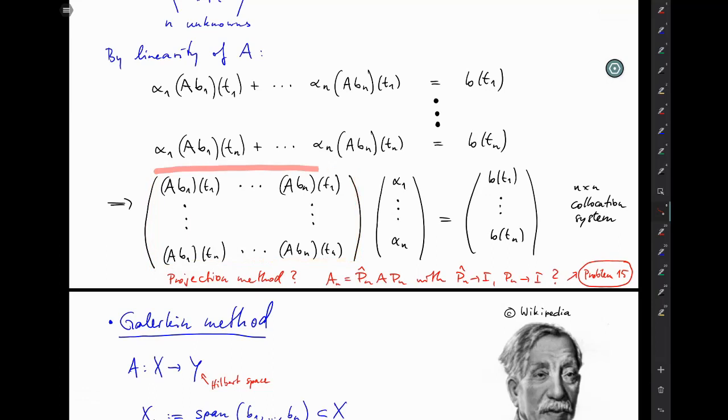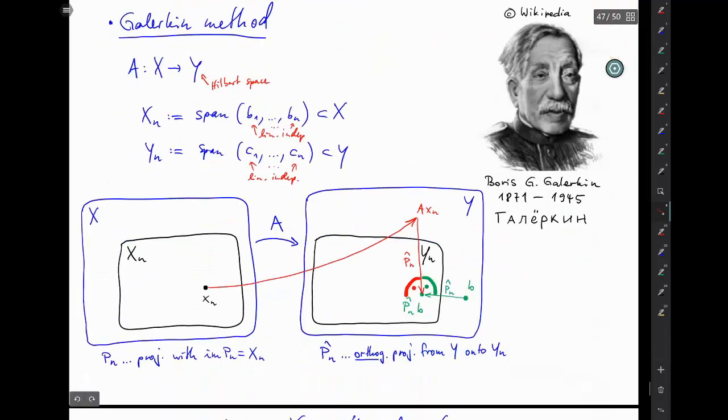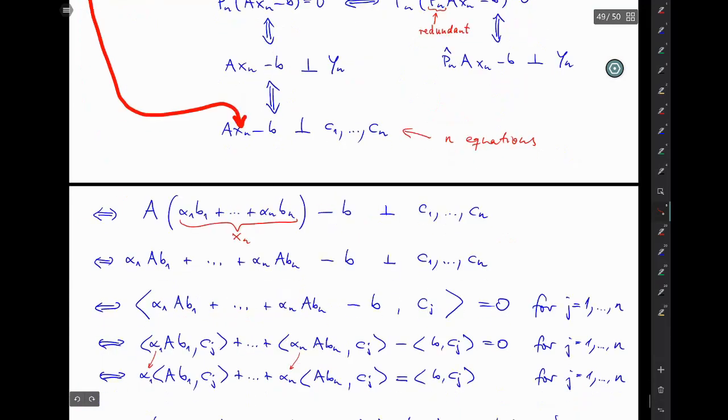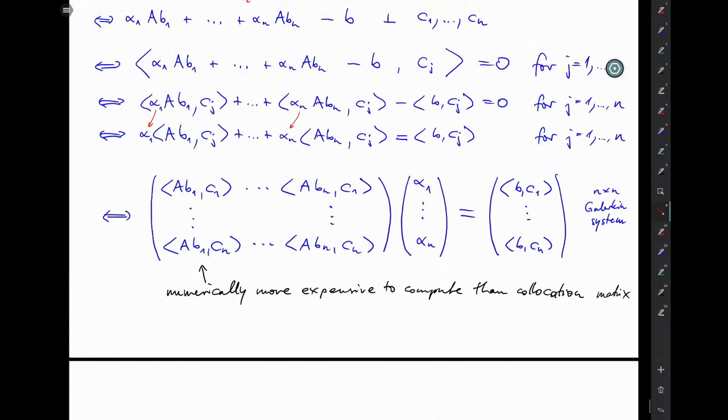So in both cases you have to apply your operator to the basis functions, but then here all you have to do is to evaluate the resulting function at some grid points, whereas in Galerkin you have to take that result of A applied to the basis function and put it in a scalar product with another basis function. A lot more expensive.